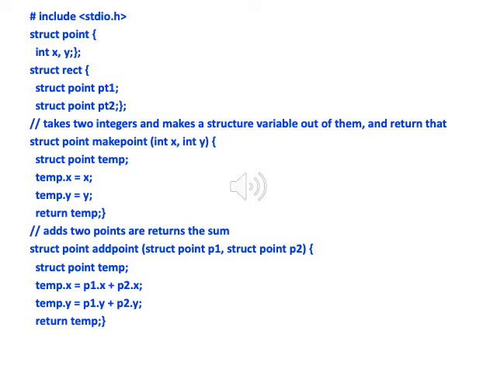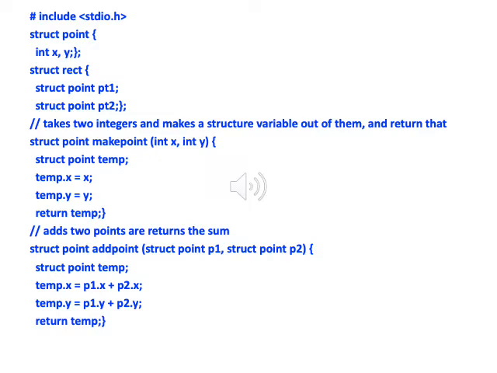As it says in the comment above, this function takes two integers and makes a structure variable out of them, and then finally it returns that structure variable. So this is an example of a function which is returning a structure variable. Okay, so once that structure variable is returned, then main can do whatever it pleases with it.